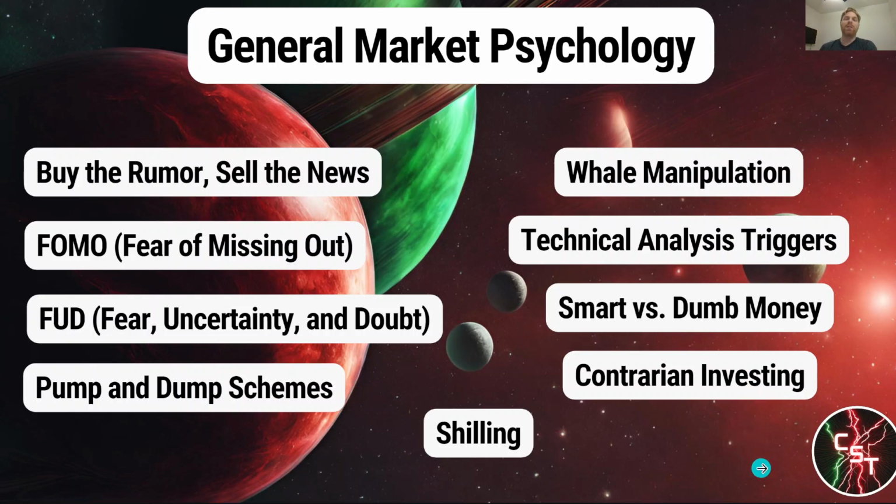And then there's just some other general market psychology things to be aware of. Buy the rumor, sell the news. This happened recently with a project I was invested in where there was all this hype leading up to the release of a product. But once the product was released, we went from being up like 7x to just crashing hard.